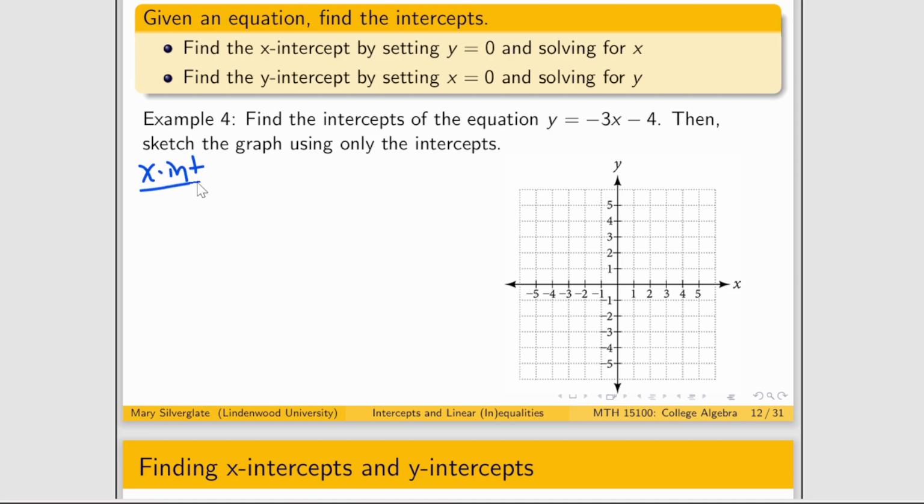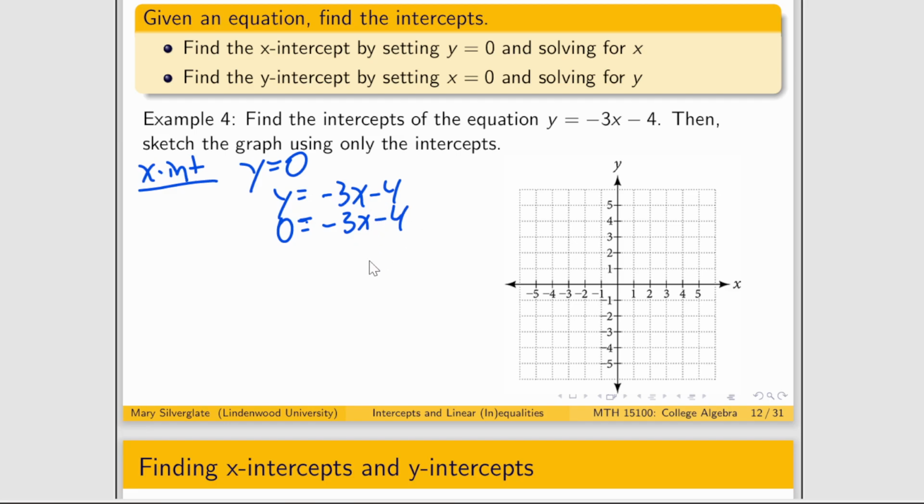If I want to find an x-intercept, what does that mean I do again? Ask yourself and pause the video. That means that I plug in y is equal to 0 because I have not moved up and down. So in the equation y equals negative 3x minus 4, I replace y with a 0, and now I want to solve for x. We're going to go over the solving more formally in the next section, but hopefully this is something relatively familiar to you.